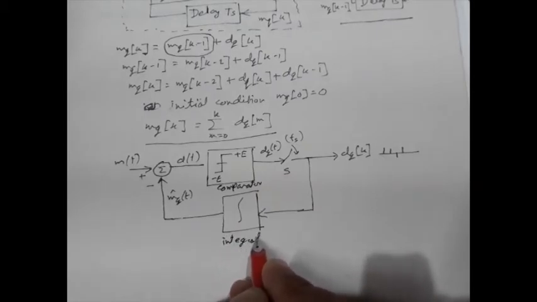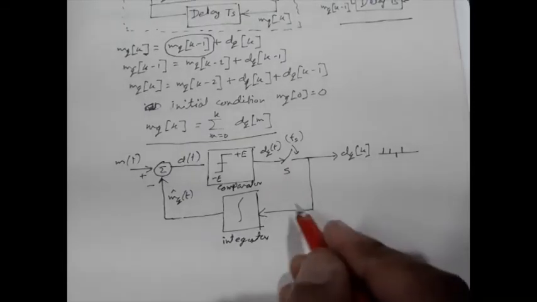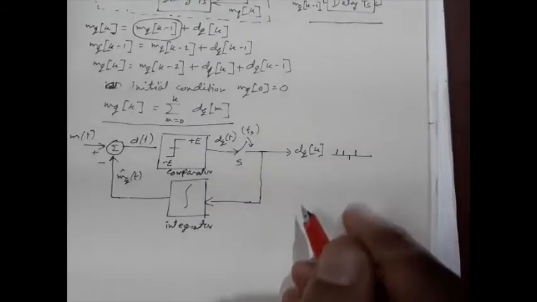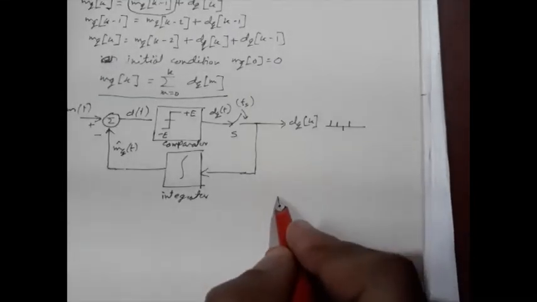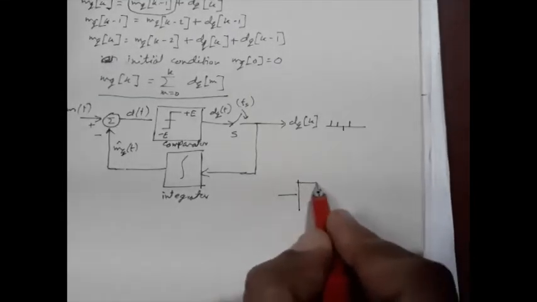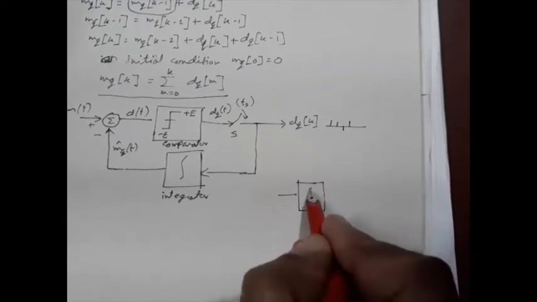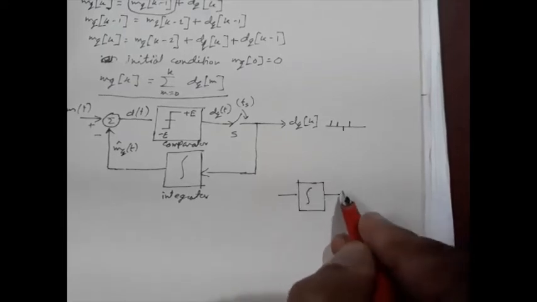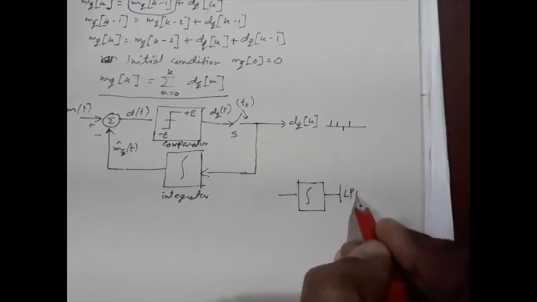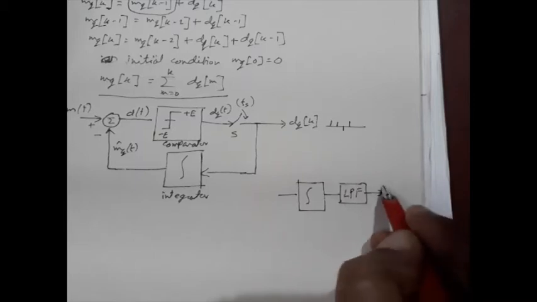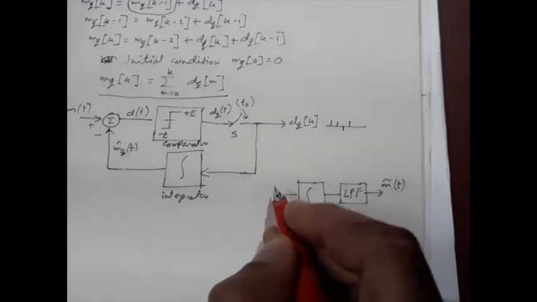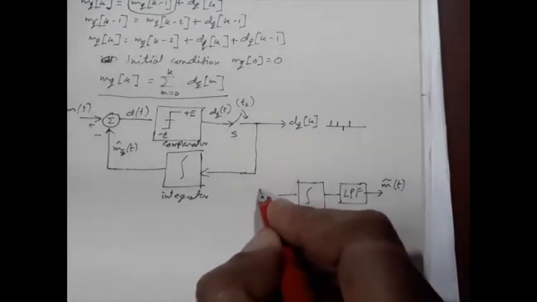Similarly, we can draw the corresponding receiver. Receiver is very simple, integrator along with low pass filter. We should get back the replica of the original message.